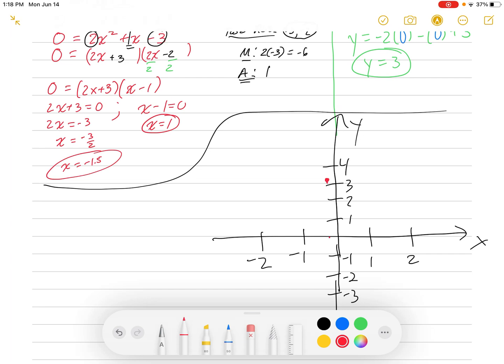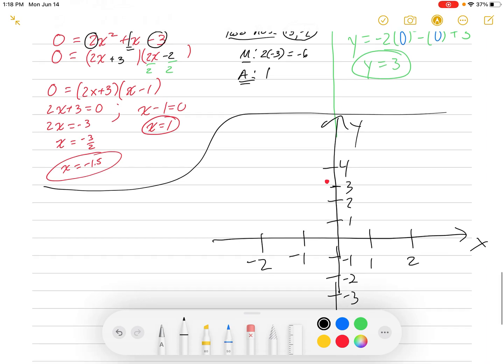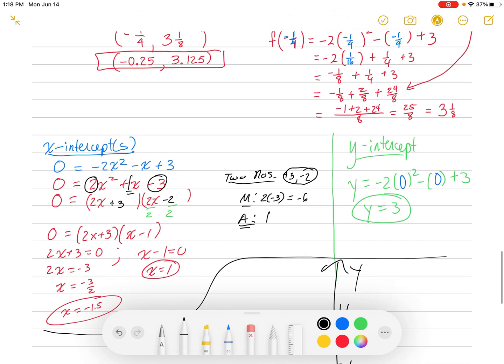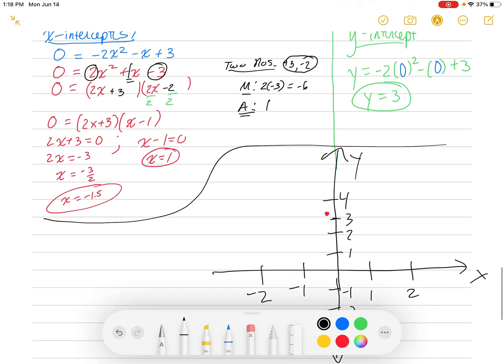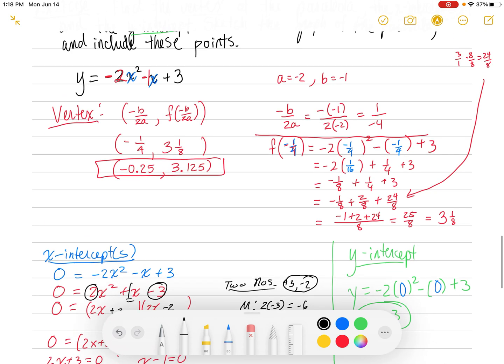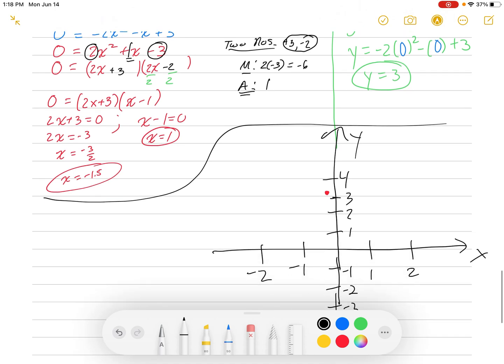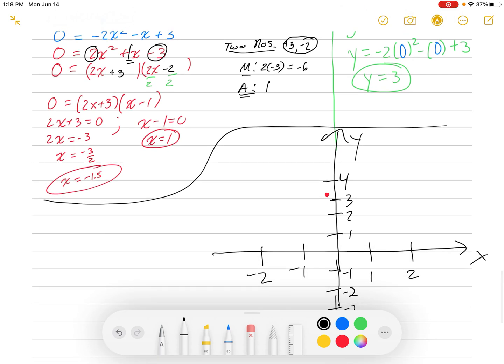So that would be here. So maybe right there. Oh, come on. So minus 0.25 for the x and positive 3.125 for the y. Okay, so that's my vertex, the red. Well, we got the vertex.